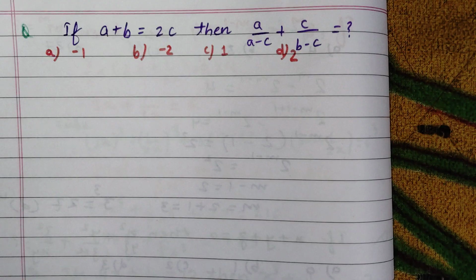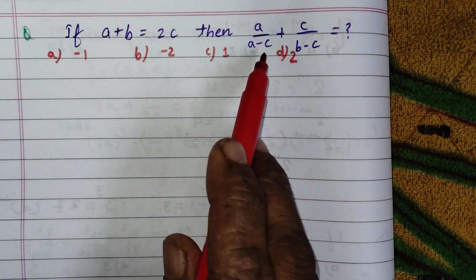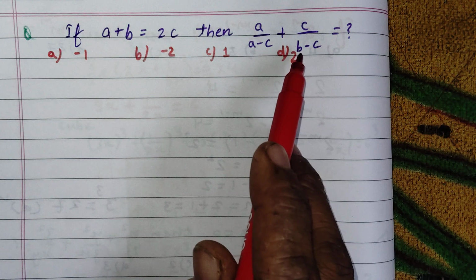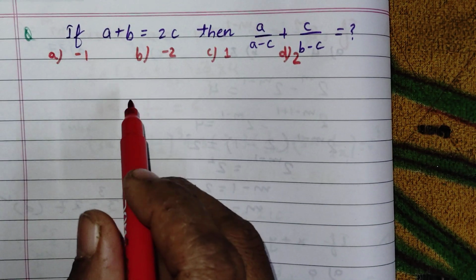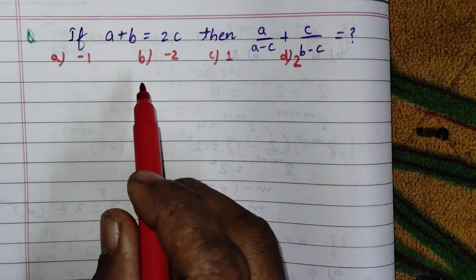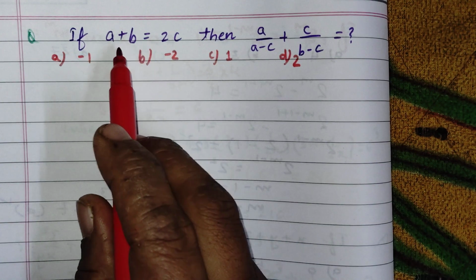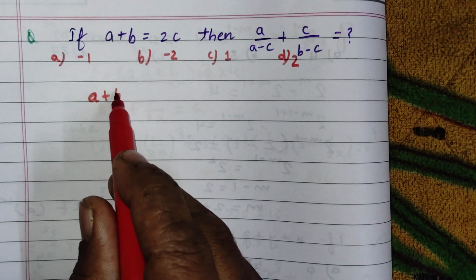Next question is: if a plus b equal to 2c, then find a upon a minus c plus c upon b minus c. So here we have to solve. By random value we assume to satisfy this equation a plus b equal to 2c.